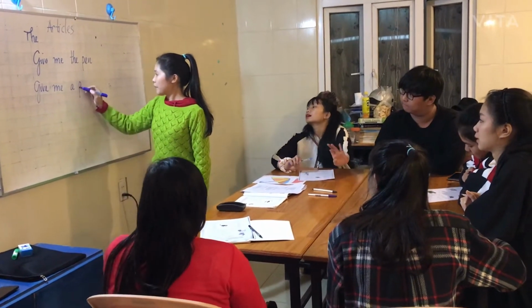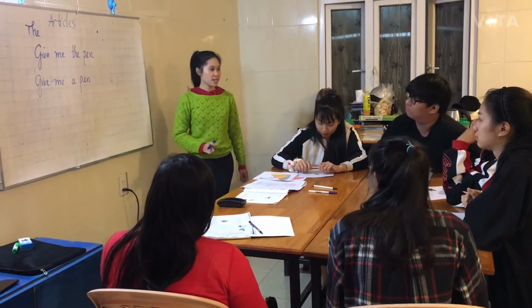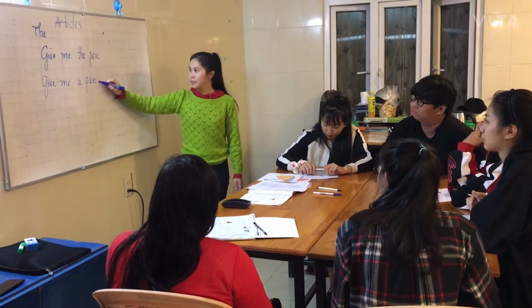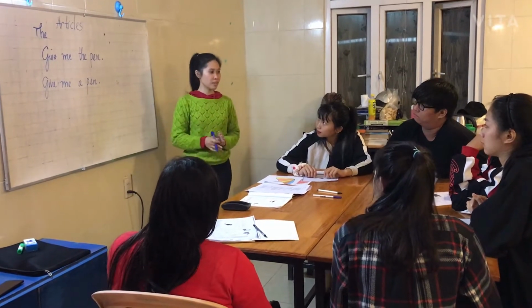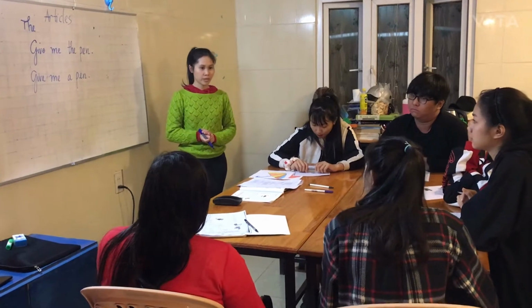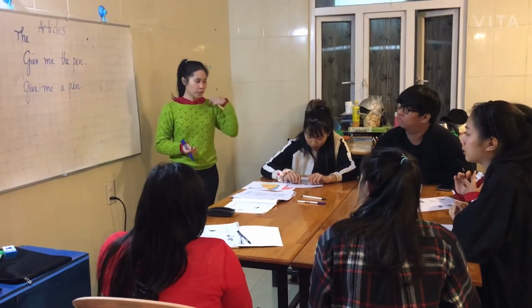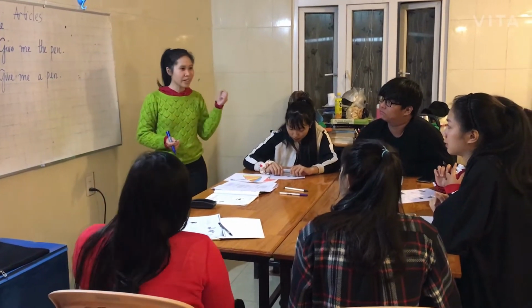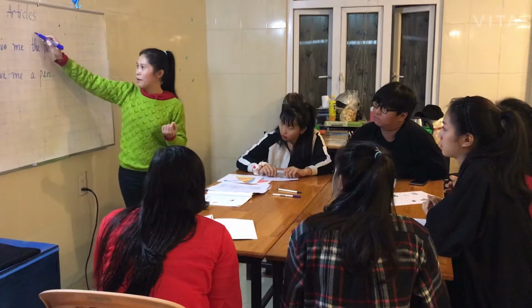Okay, now look at 2 sentences and tell me when you read, how do you understand about the 2 sentences here. When we look, we see it's a similar meaning, right? It's the same meaning. But when we look at the sentence, we have a difference here.